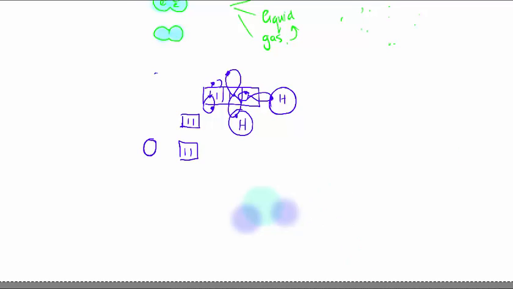Oxygen would be winning. So even though the electrons are being shared, they will spend more time closer to oxygen than they would on the hydrogen side, because oxygen has a strong desire for those electrons. That would mean that in this molecule, oxygen will have a negative charge.